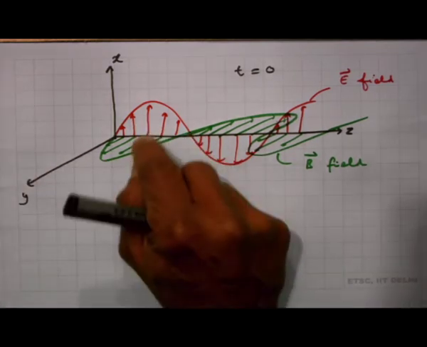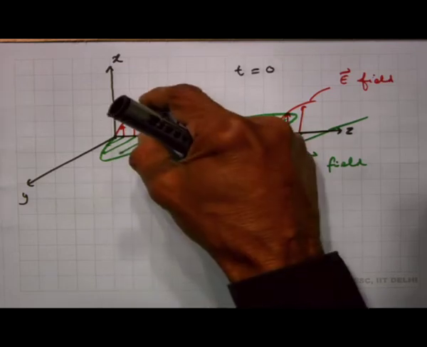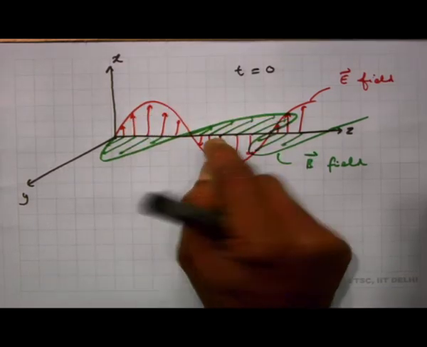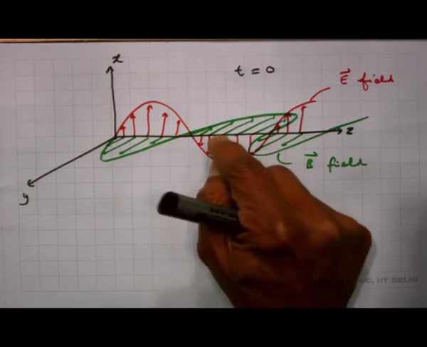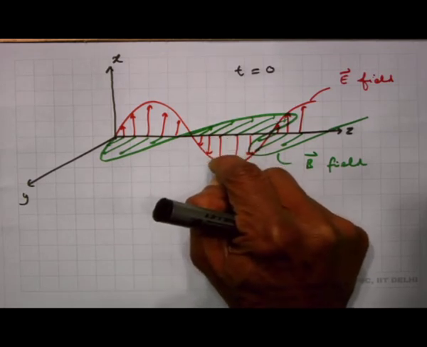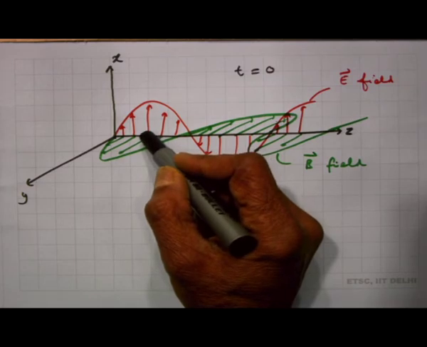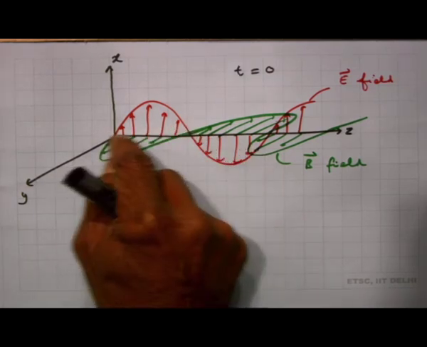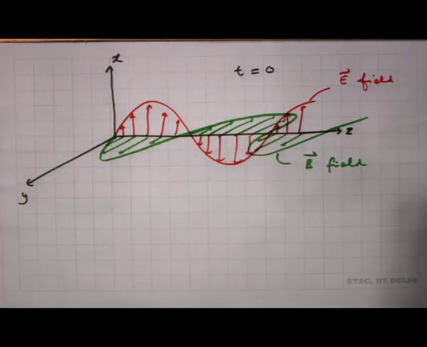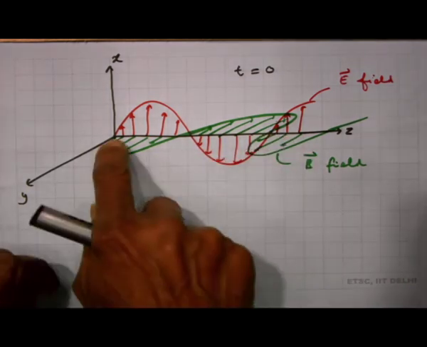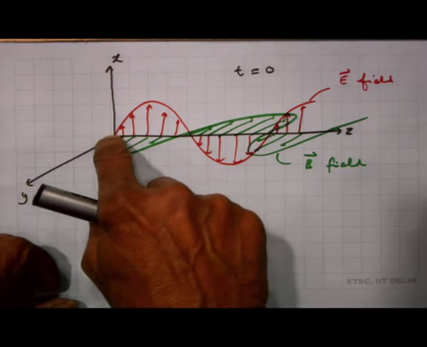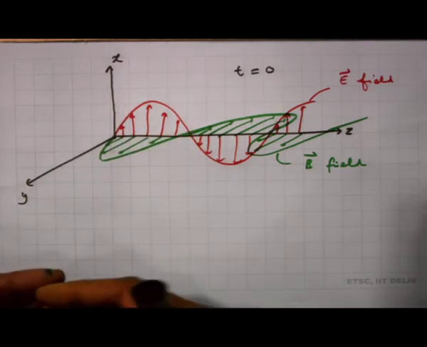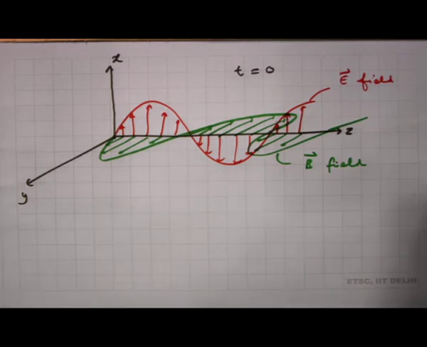This arrow implies that the electric field at this point has a large magnitude and is pointing in the upward direction. At this point, the electric field has this magnitude and is pointing in the downward direction. At this point, the magnetic field is along the y direction and has this magnitude. So, all these are fields at various points along the axis, showing the magnitude and direction of the electric and magnetic fields.